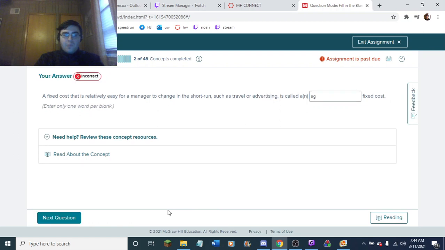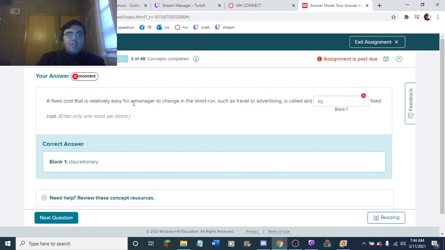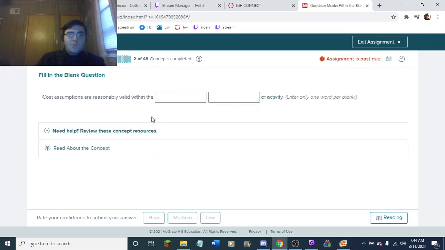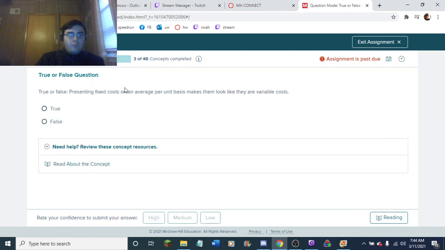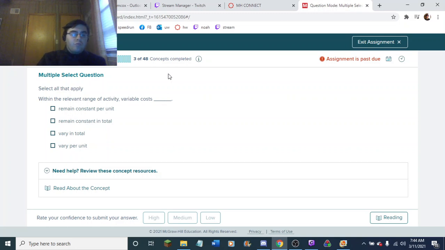I don't know. A cost that's easy to change in the short run is called a discretionary fixed cost. Relevant. Variable costs: constant per unit, vary in total.